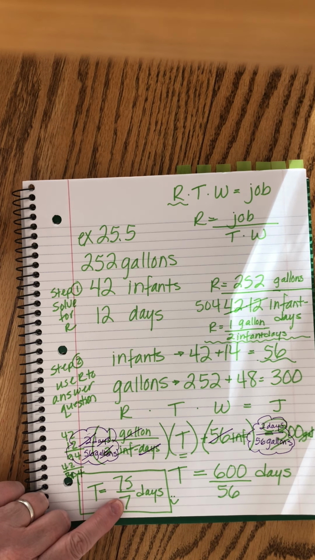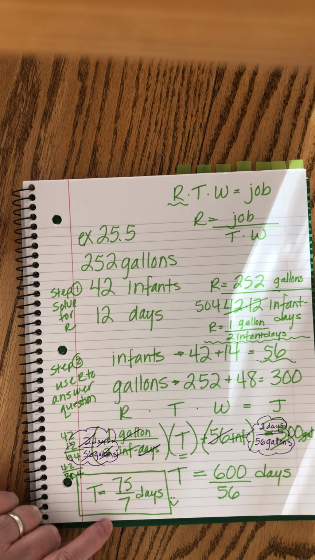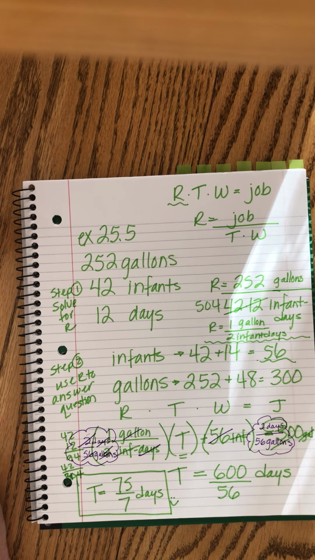And by the way, this ends up being just over 10 days. It's almost 11 days. So those babies are gonna be very busy on the job, working away. I can just see this like old steampunk style factory with all these babies lying in their old-fashioned cots and like bottles hooked up on the sides and them just like sucking madly away. It conjures up quite a picture in my mind.